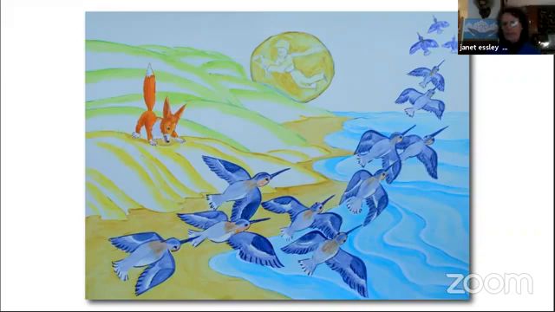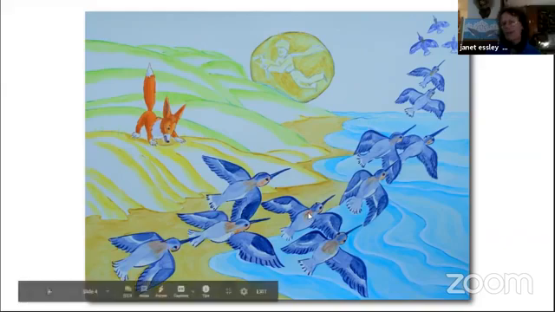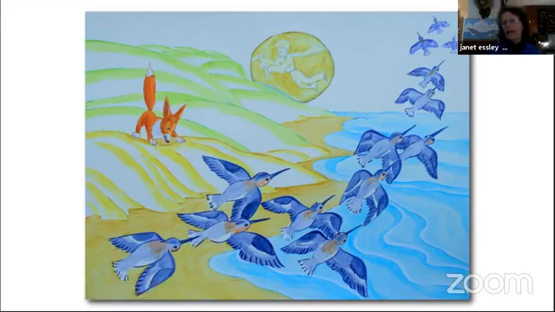In The Little Prince, when he left his planet, he attached himself with a series of cords to a flock of migrating birds. And so you see here the Little Prince on a moon-sized planet, a dog unleashed on the beach that has disturbed a flock of migrating birds.